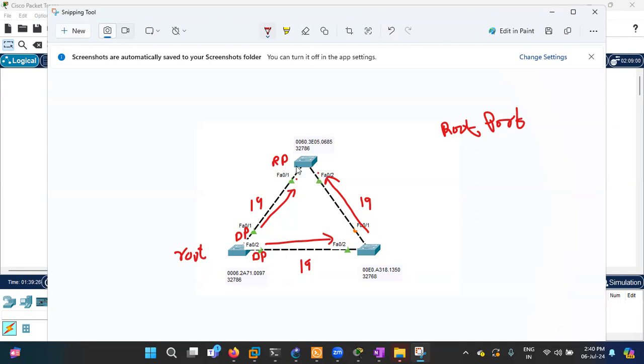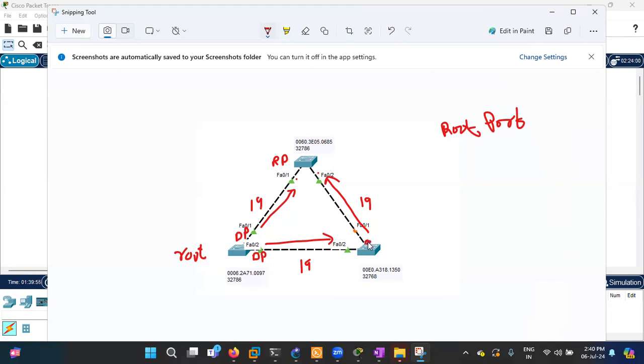Okay. Now root port is elected because, as I said, each and every switch has only one root port. So this is decided. Now this one, this switch, how will it elect?